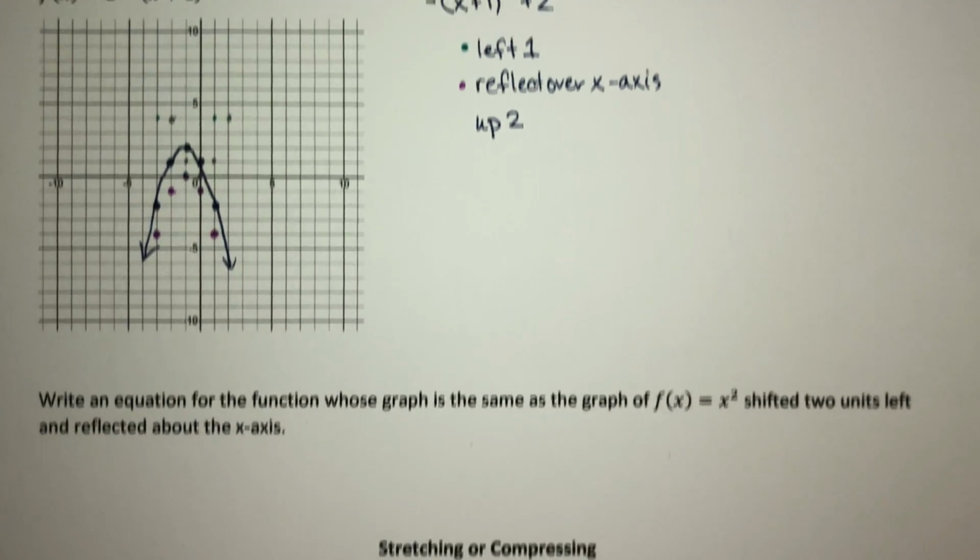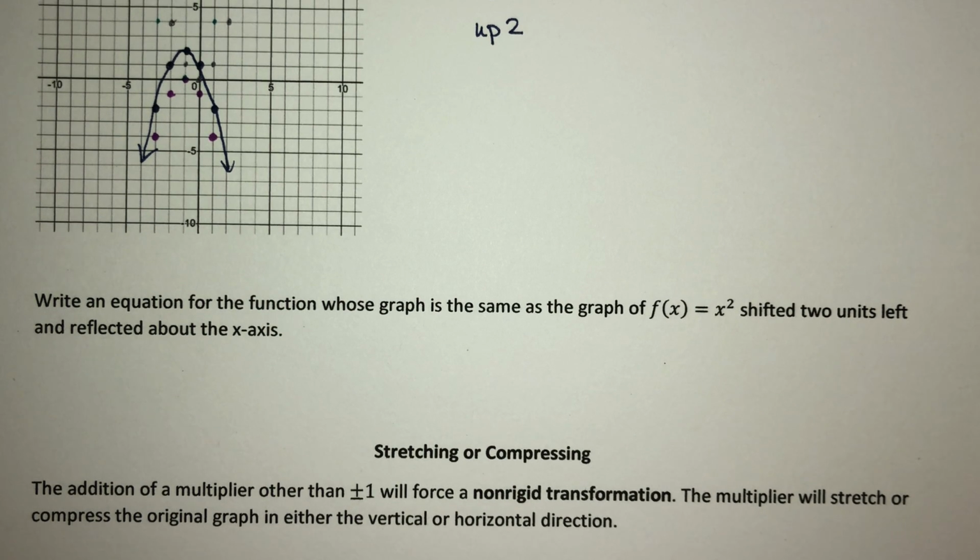Okay, so let's write an equation for the function whose graph is the same as f of x equals x squared, but it's going to be shifted 2 units left and then reflected about the x-axis.